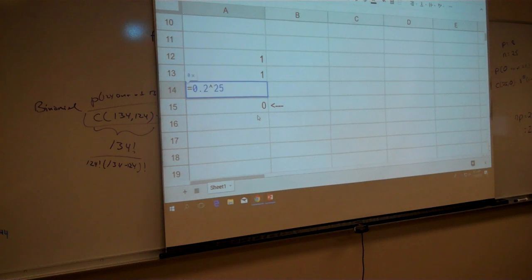Whoa, that didn't work. Huh. Google actually rounds that to 0. That's interesting. 0.2 to the 25th power is a really little number. So little that the spreadsheet rounded it.